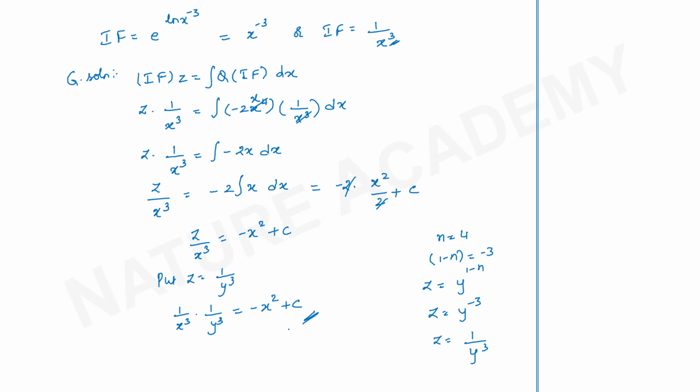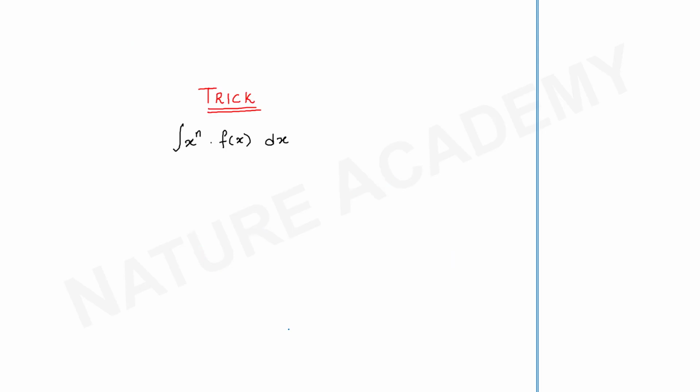Now before going to the next problem, let's learn a trick to solve this type of integral: integral x raised to n f of x into dx. This type of integral you can actually solve by integration by parts, but that becomes a long and lengthy procedure.